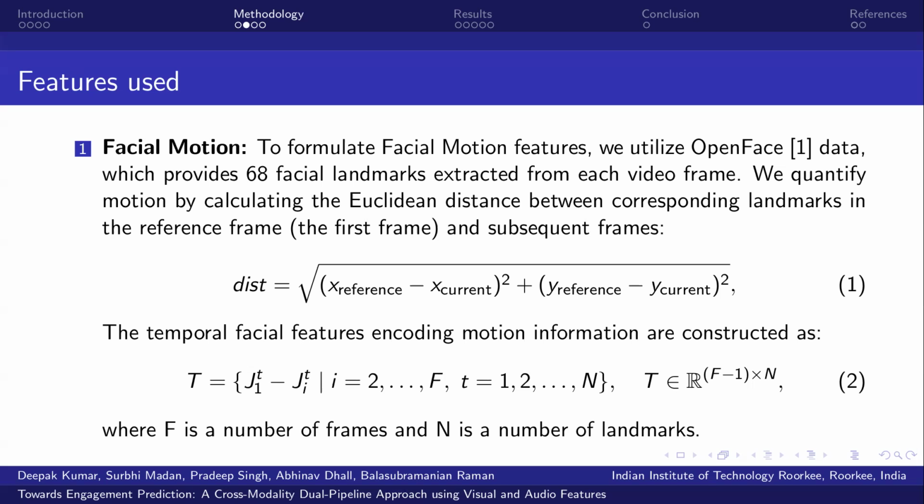The temporal encoding of facial features is expressed with equation 2, where f is the total number of frames and n is the number of landmarks. This encoding helps in analyzing how facial expressions change over time, providing crucial insights into the engagement level of participants.